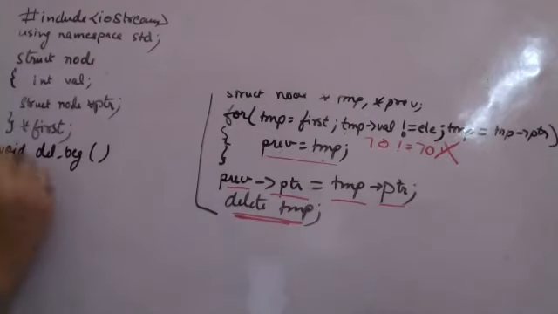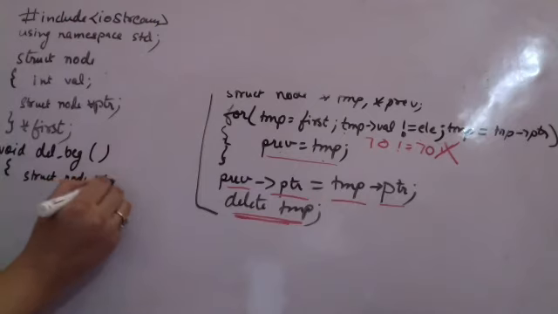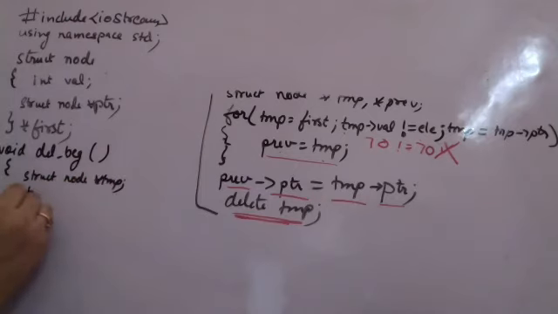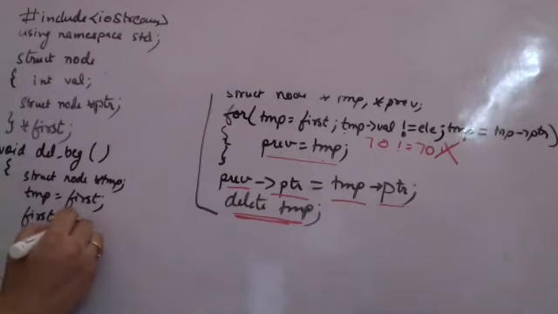After this, what do I need to do? I am creating a temporary variable. So I am creating struct node pointer temp, right? And I am saying that the temporary variable is equal to first, whatever first is pointing to. And after doing that, I need to move first to the second, so first is equal to first's pointer.